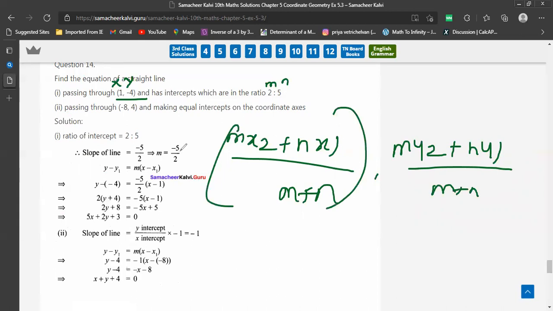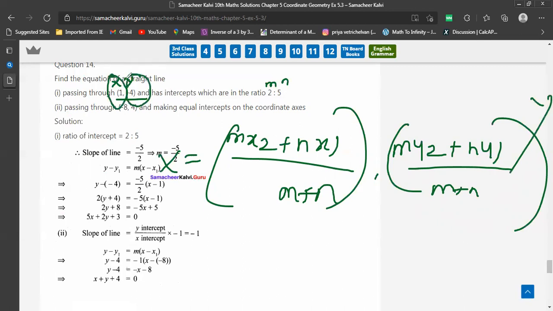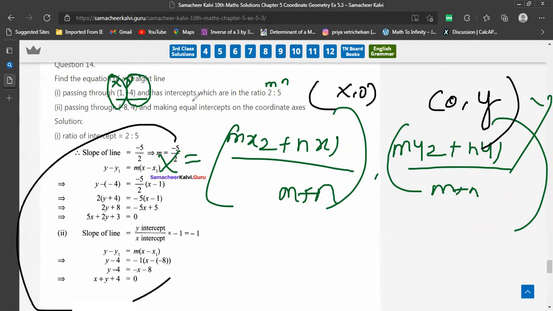So this will be equated to capital X and this will be equated to capital Y. And then you will also assume the x-intercept coordinate as x comma 0 and y-intercept coordinate as 0 comma y. So you have to be aware of this assumption also. This is how they'll solve, but I'm not sure about this solution. I'll check this once and I'll update you if it is wrong.